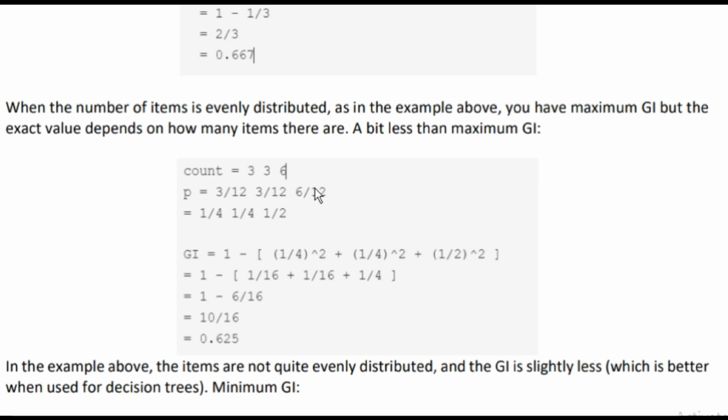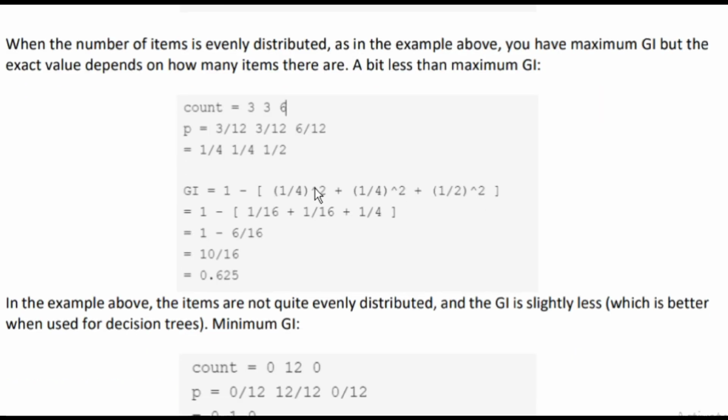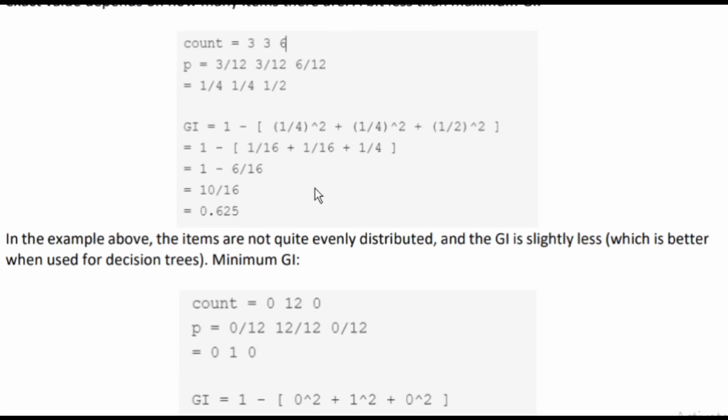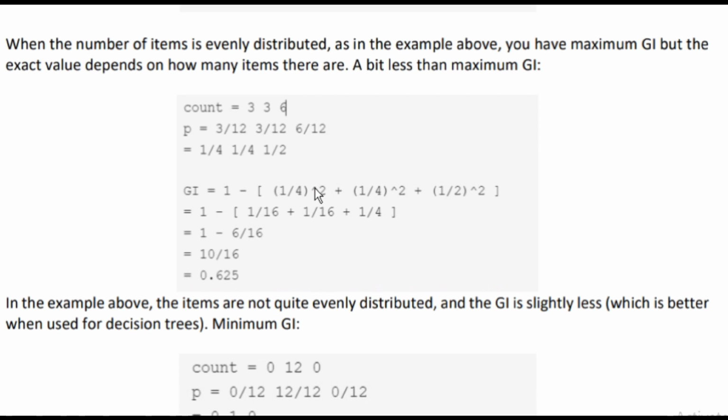So GI is equal to 1 minus (1 by 4 square plus 1 by 4 square plus 1 by 2 square). So 1 minus 6 by 16 is equal to 10 by 16, which is 0.625. In this example, the items are not quite evenly distributed and GI is slightly less.